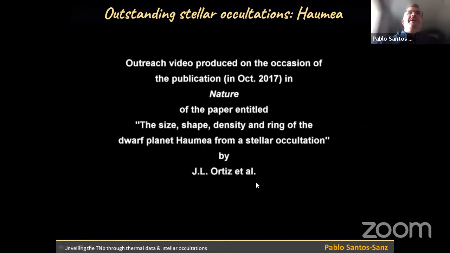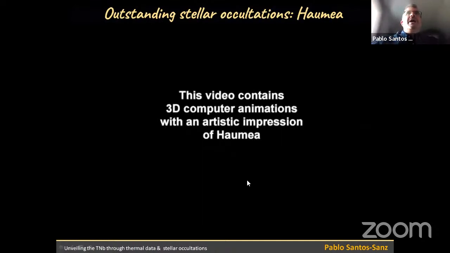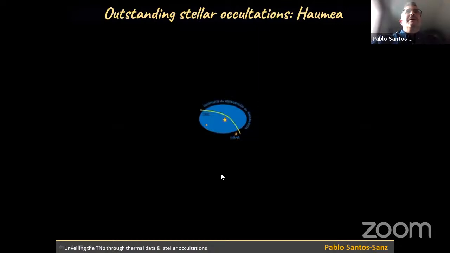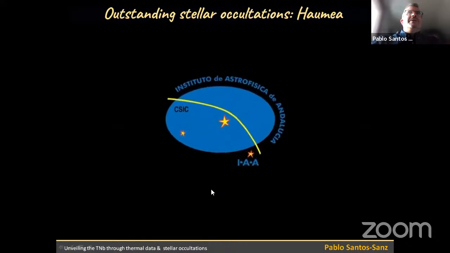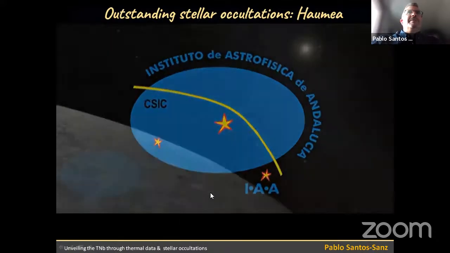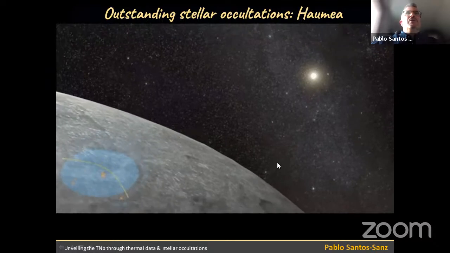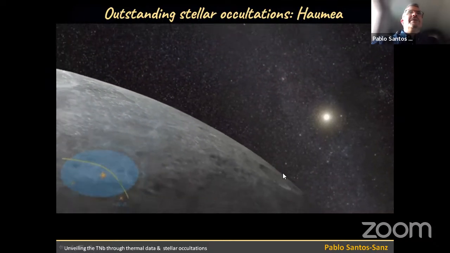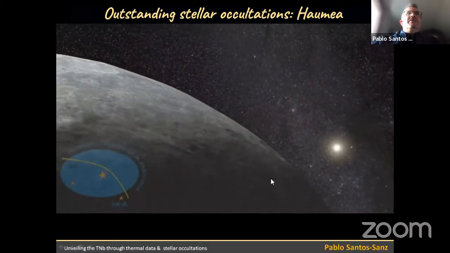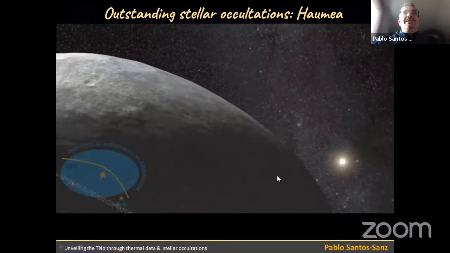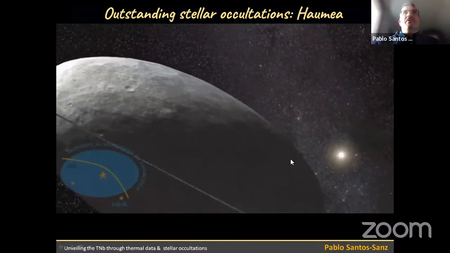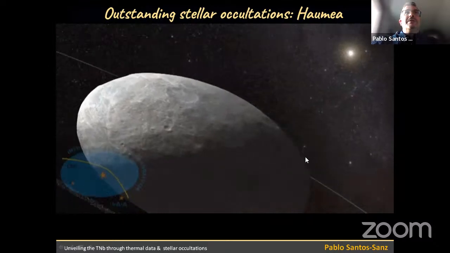Well, this is another animation of this ring around Haumea, just to have a feeling of the size of the object, the shape, and the distance of the ring. The animation, of course, is based on the results obtained from the occultation.